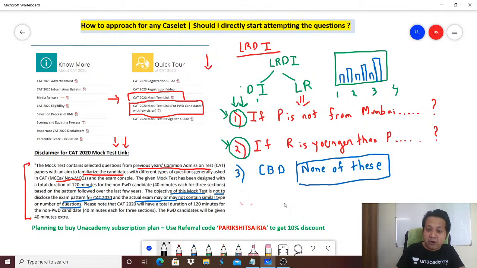Because there is a none of these in the answer option, what would it mean? It would mean you have to check for all the 7 years. Will you agree? You cannot say 2012 is highest. Probably if it is very much visible with your eyes, that's a different issue. But if you have to do the calculations, you have to do it for all the 7 years.